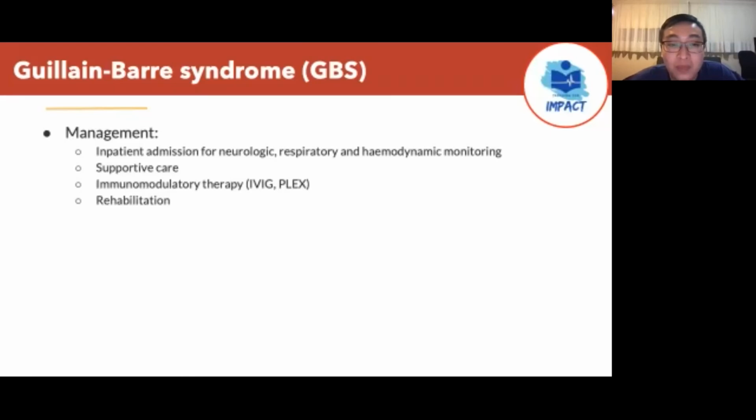There are three things that we need to monitor for. So we need serial neurologic monitoring. We need to perform a neurological exam every couple of hours, testing muscle strength in all four limbs, facial, bulbar, neck strength, and also get a formal speech and swallowing assessment as well, to really monitor whether the GBS is progressing or not.